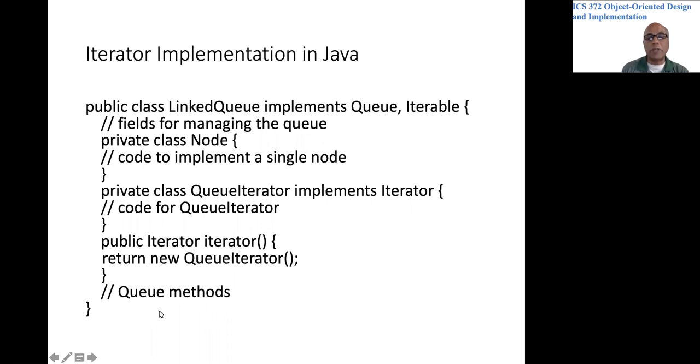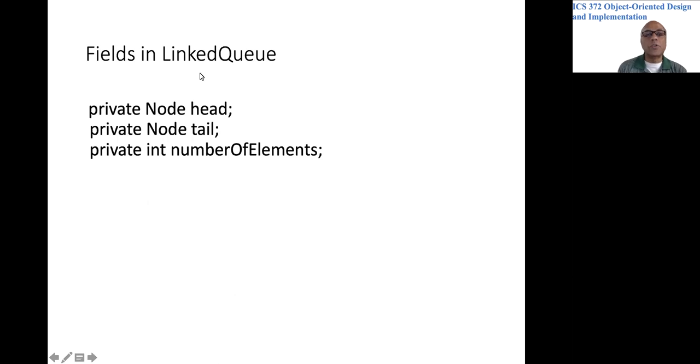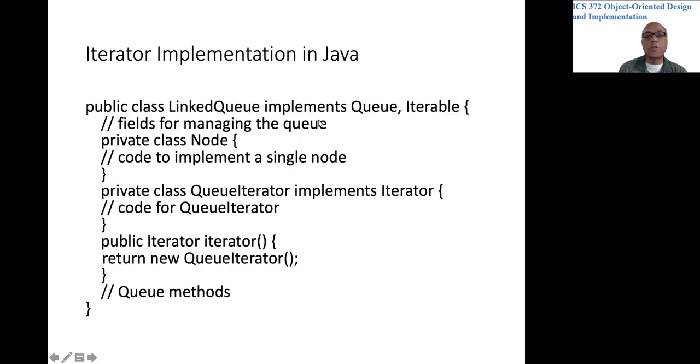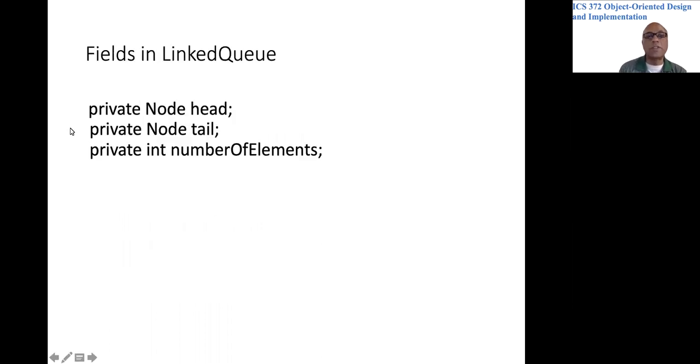And we have the implementation of the queue here. The fields in the LinkedQueue could be the head, the tail, and the number of elements. So the fields might be storing the first element, the last element, and the number of elements. The first element is a Node object, the last element is a Node object. So the type here for head and tail is Node. This is the number of elements.